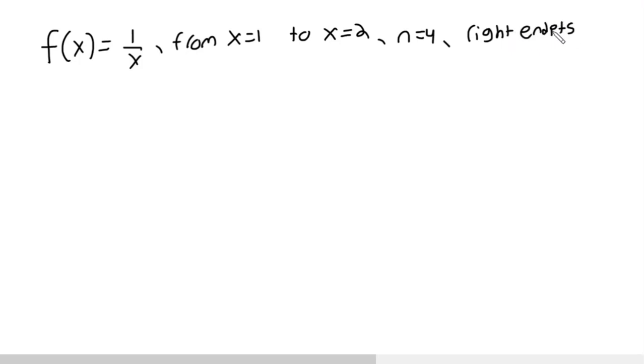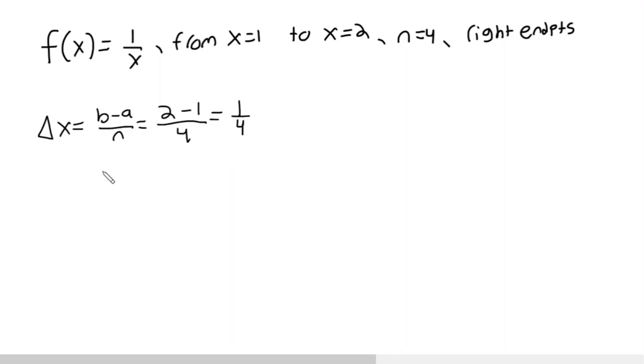The first thing I want to do when I see these is compute my delta x. That's always the first thing you want to do with these types of problems. Remember that delta x is b minus a over n. This is simply going to be 2 minus 1, because 2 is the second value in the interval and 1 is the first, over n, where n is the number of rectangles, so 4, and I'm just going to get 1/4.